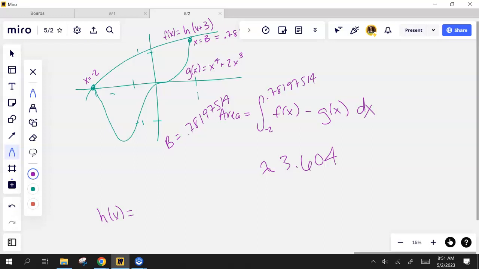Is h increasing or decreasing at x equals negative 0.5? All right, well, let's find h of x first. h of x is two different things depending on where I am. Do you agree? Because from -2 to 0, right?